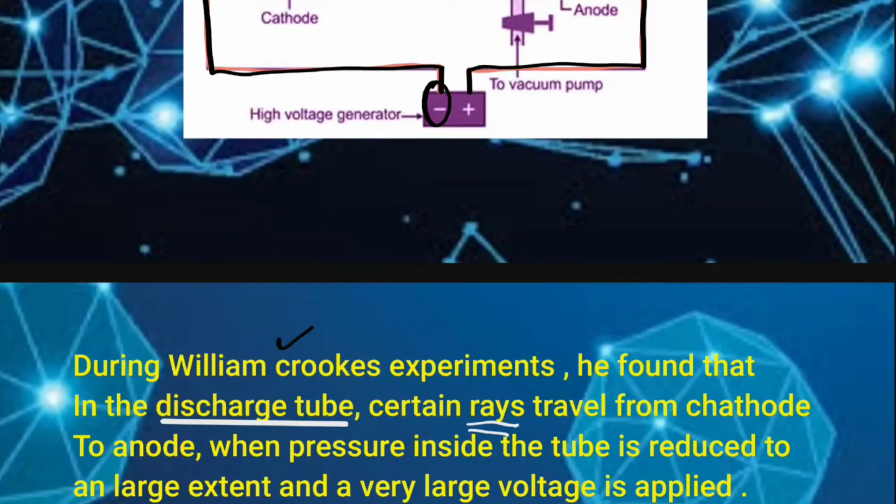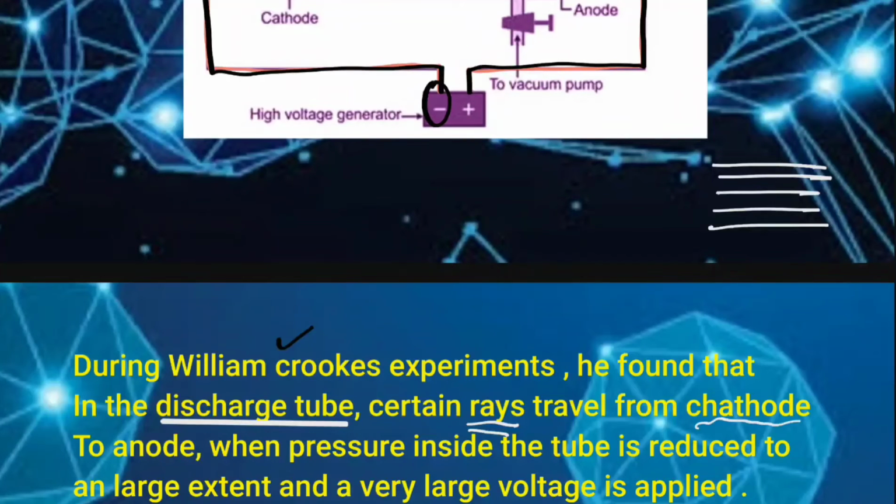What do we mean by rays? Something which travels in straight lines. For now, let's take it as something which is particulate in nature and travels in a straight line. These certain rays travel from cathode to anode.